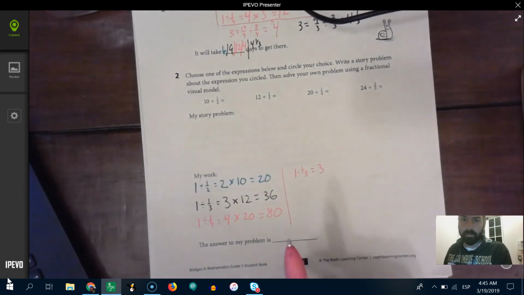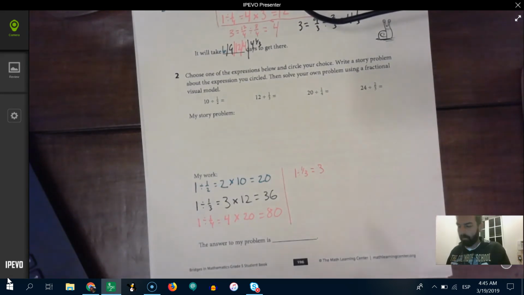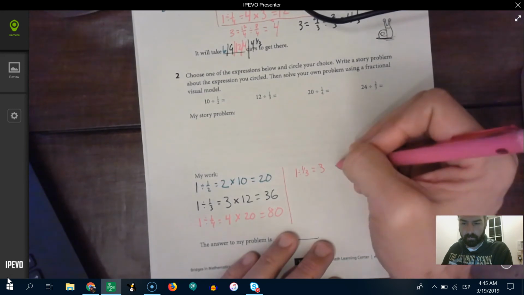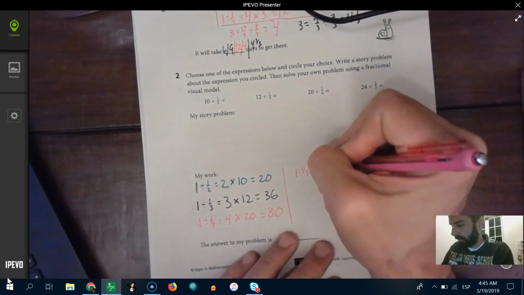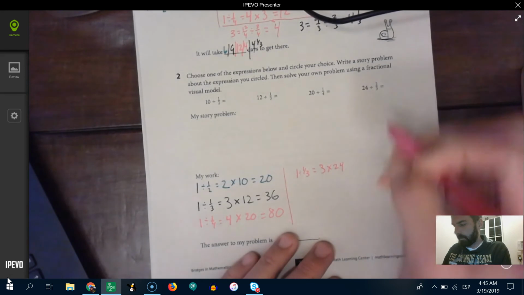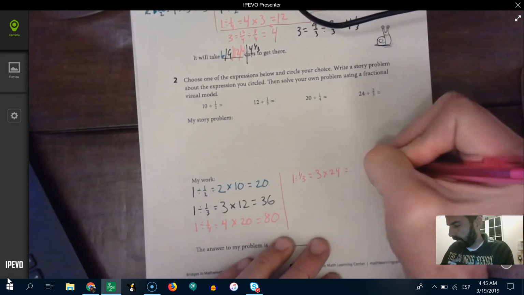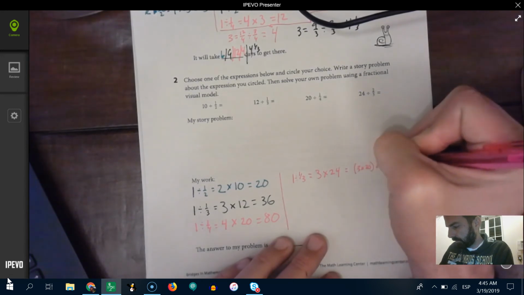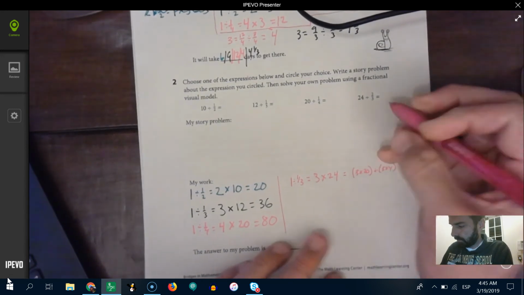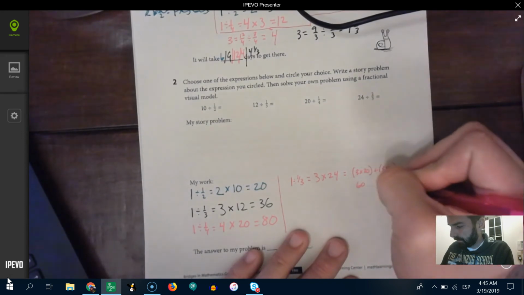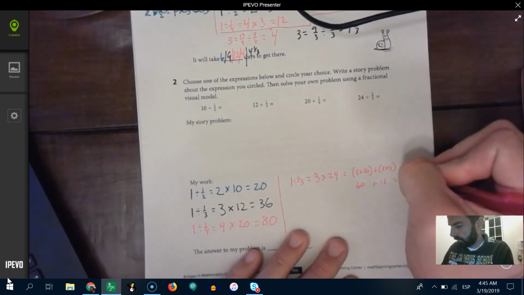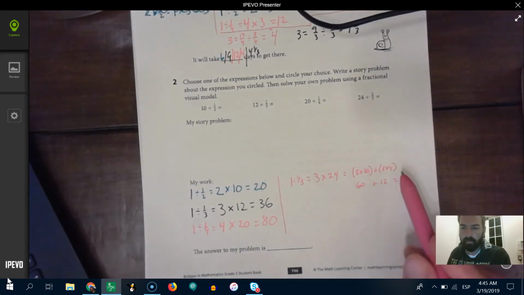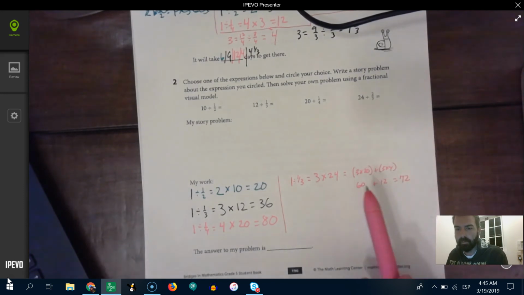We have 3 thirds in 1. I'm looking at 24 things. So that can be broken down into 3 times 20 plus 3 times 4, which is 60 plus 12, which is 72. Now 72 is not our answer. That's how many thirds are in 24.